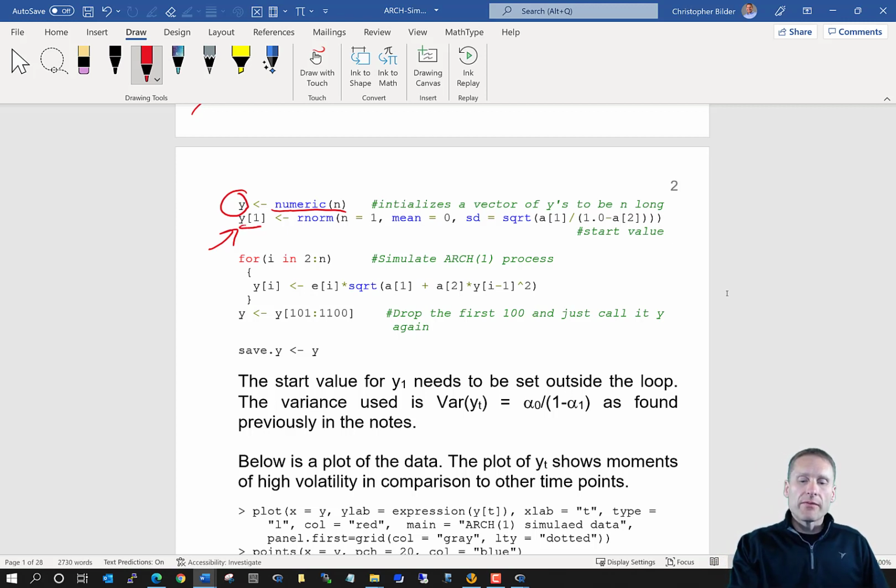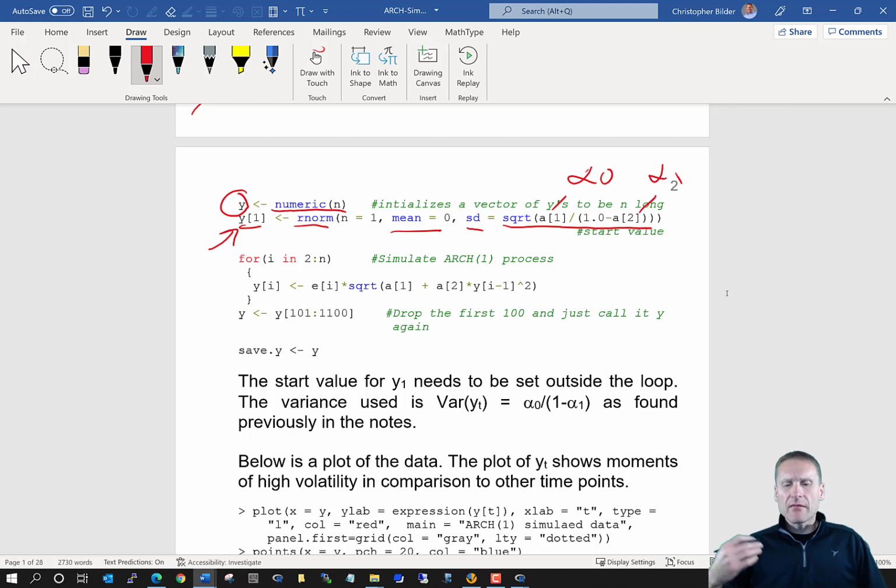So y1 is going to be simulated from a normal distribution with mean 0, and the standard deviation here, notice that this is alpha 0, here is alpha 1, and where I get that from corresponds to what we saw in a previous set of notes for what the distribution is for y sub t. Then I go into my for loop.